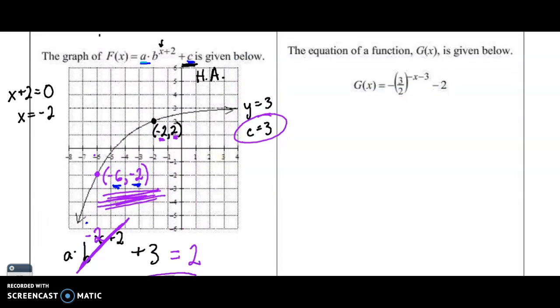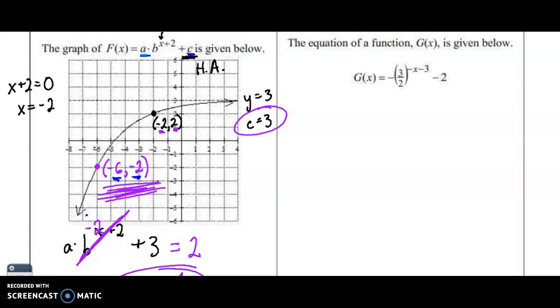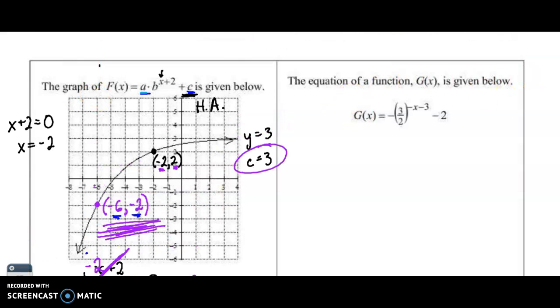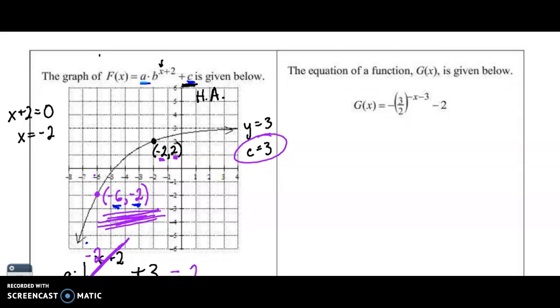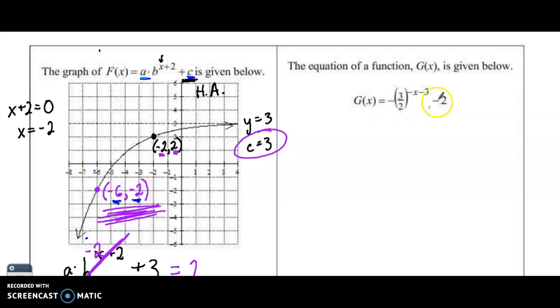So on this last problem, well, at least on this page, they want you to practice graphing, and just a few things to remember with your graph is you can always make a table of values, but let's just figure out what some of the function would look like.